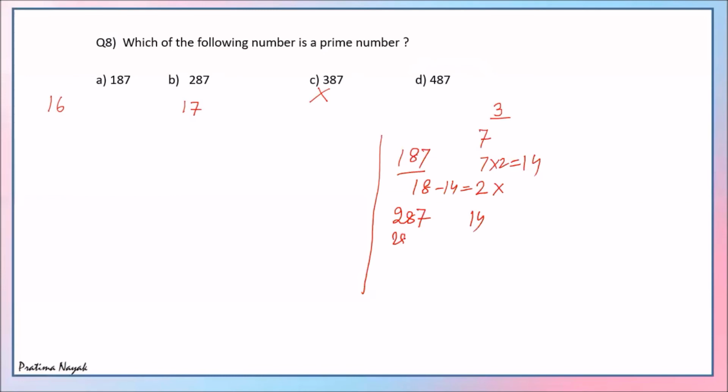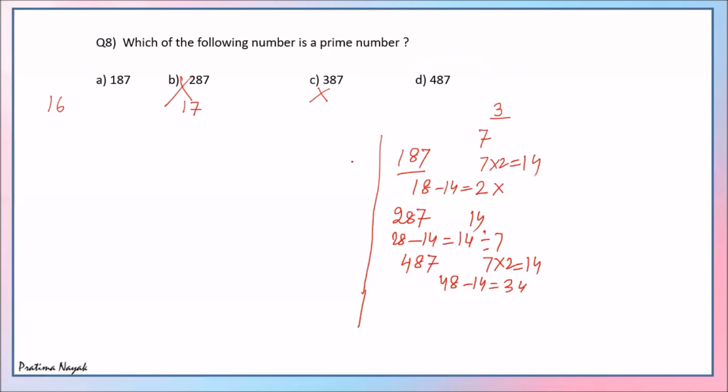So 28 minus 14, it is divisible by 7. So this is not a prime number. Next, 487. Now I'll test for 7. 7 multiplied by 2, 14. 48 minus 14 is equal to 34. So it is not divisible by 7.